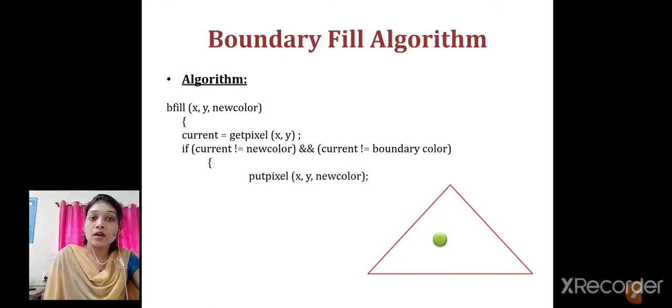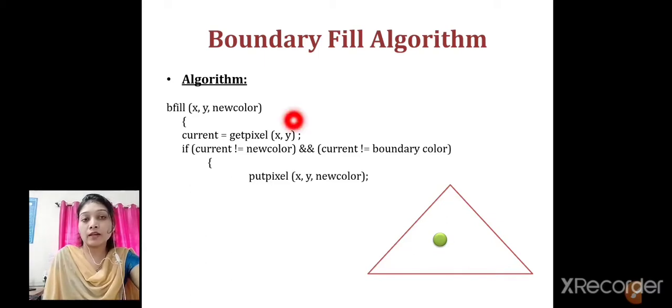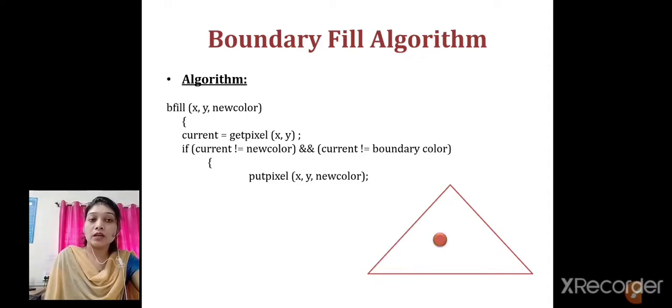In that case, we put the pixel with that new color. That means I am changing the color of the current pixel x comma y with the new color, when it does not have the new color or the boundary color. You can see here the color is changed to brown, which is nothing but my new color or boundary color. In this way I change the color of that pixel.